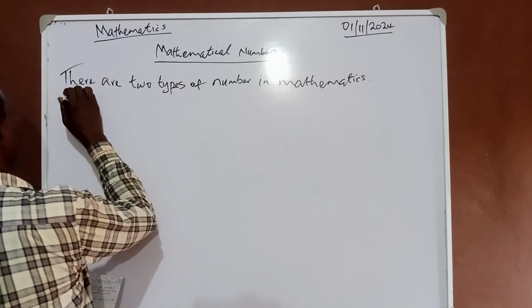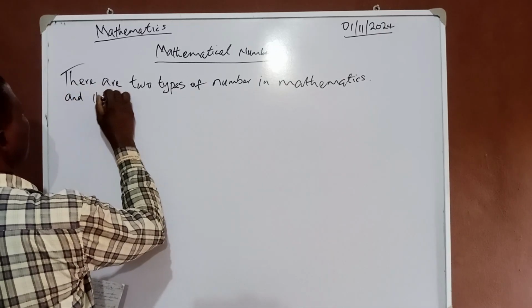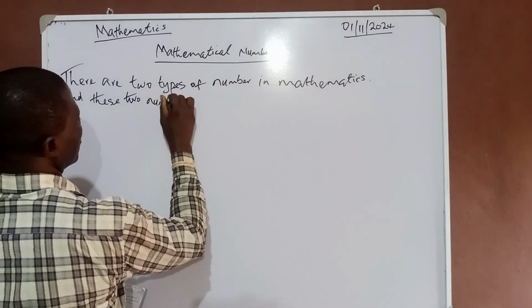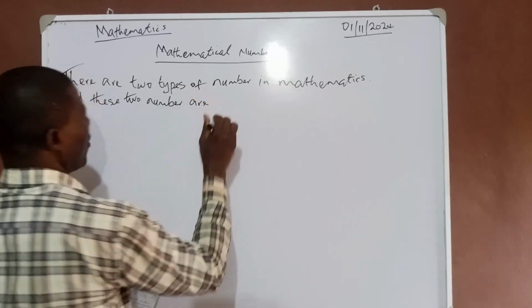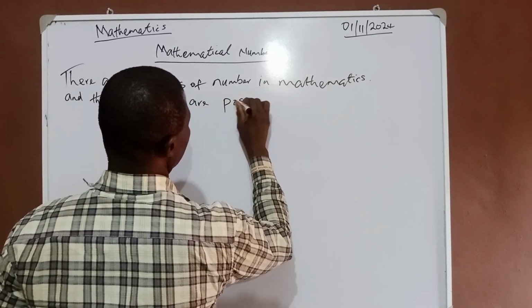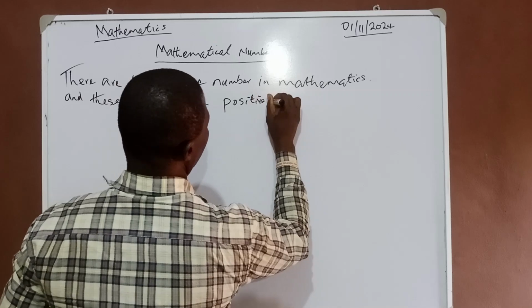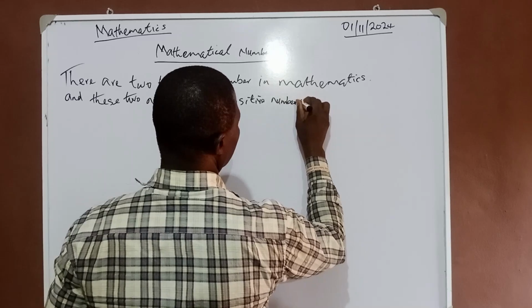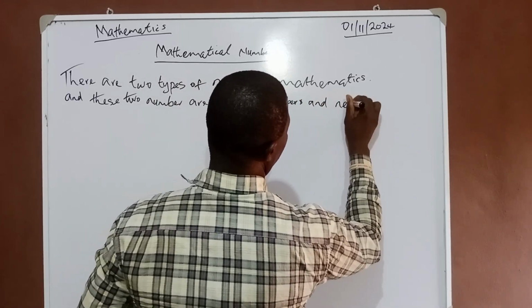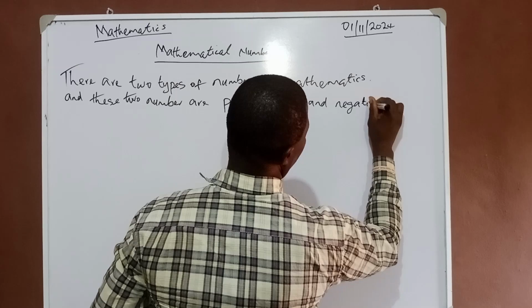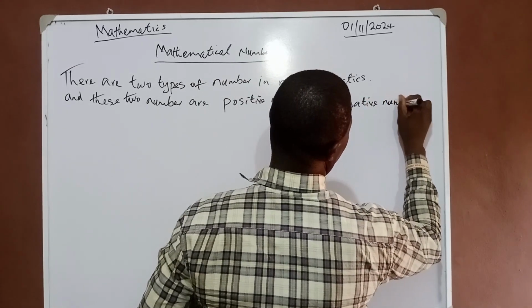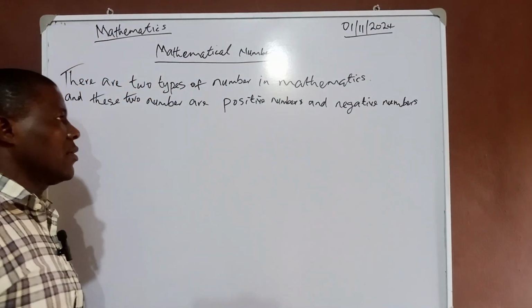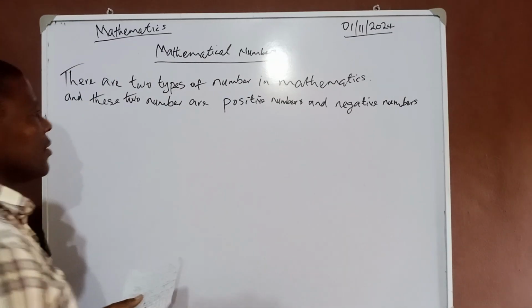And these two numbers are positive numbers and negative numbers. These are the two basic numbers you always use in mathematics.